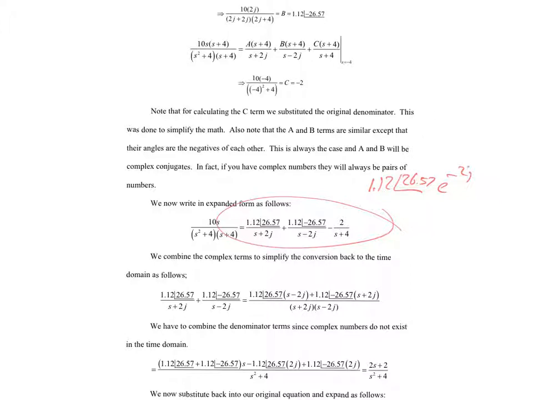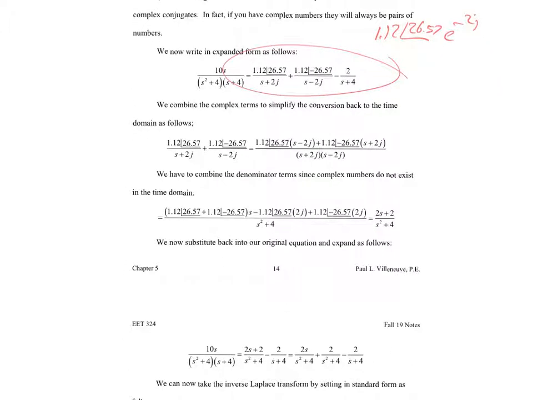So if it's e to the minus 2j, is that a real world system or signal? No, it isn't. There's no such thing as e to the minus 2j, is there? So what we did here is we combined those two to get an s squared plus 4.